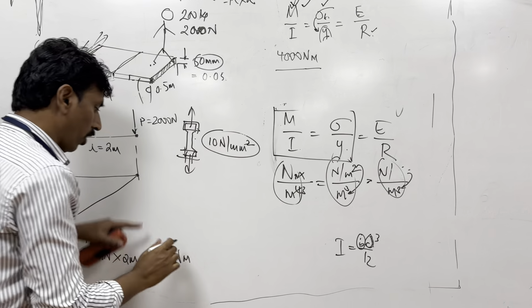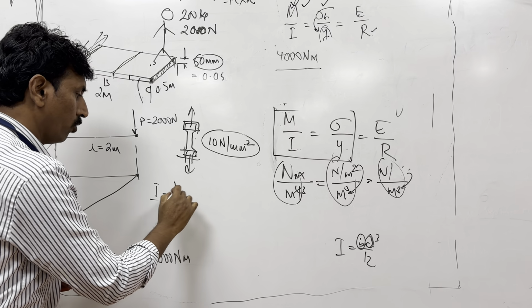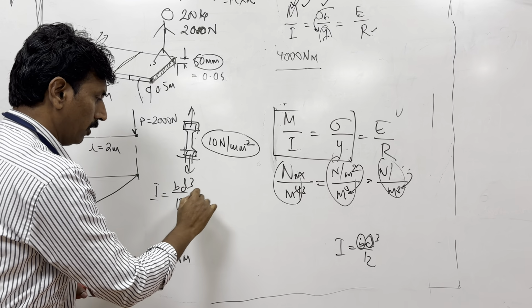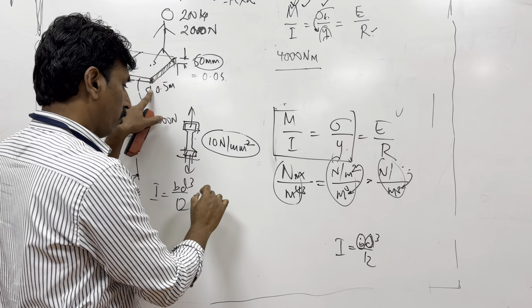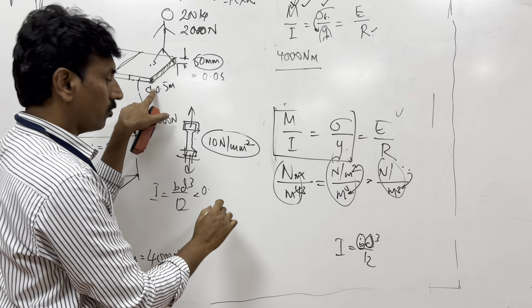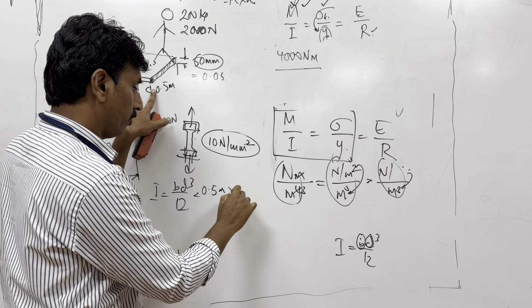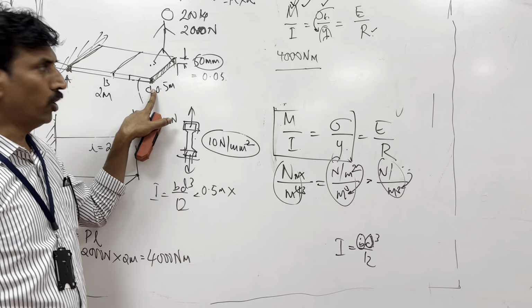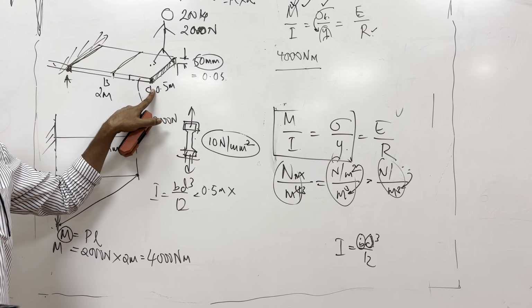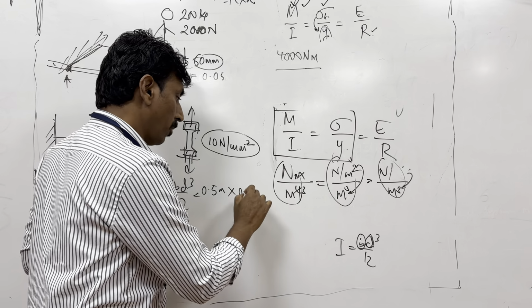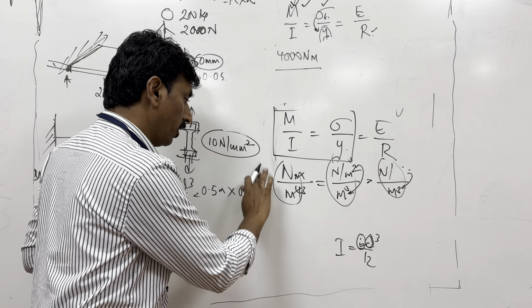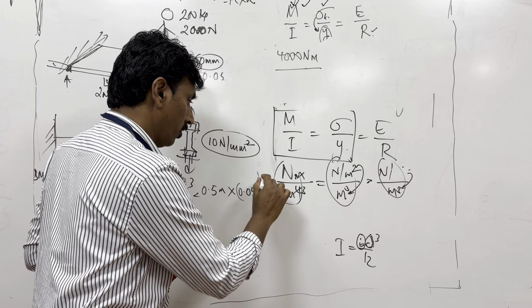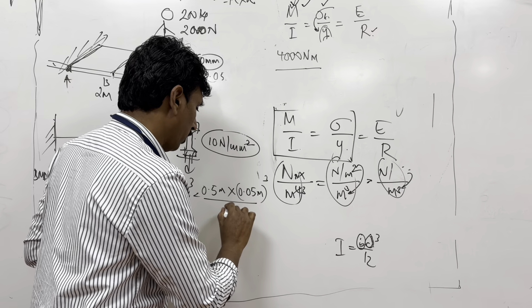So I is equal to B D cube by 12. B is 0.5 meters, into, how much is D? 0.05 meter cube divided by 12.